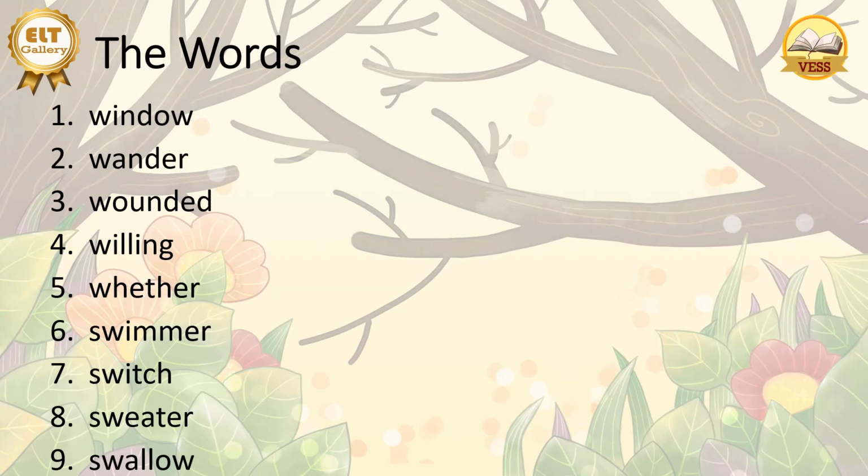We don't have W at the end. So we have "window", but we do not read the W sound over here. Also "swallow", we don't read the W sound over here. So we only have initial position for W and middle position.